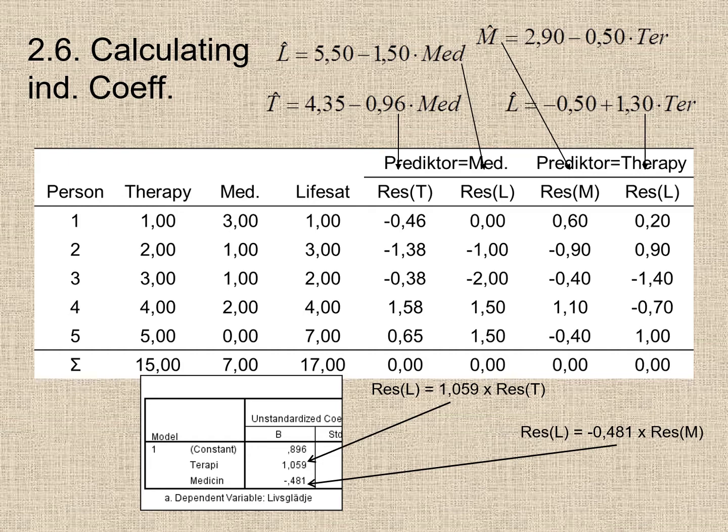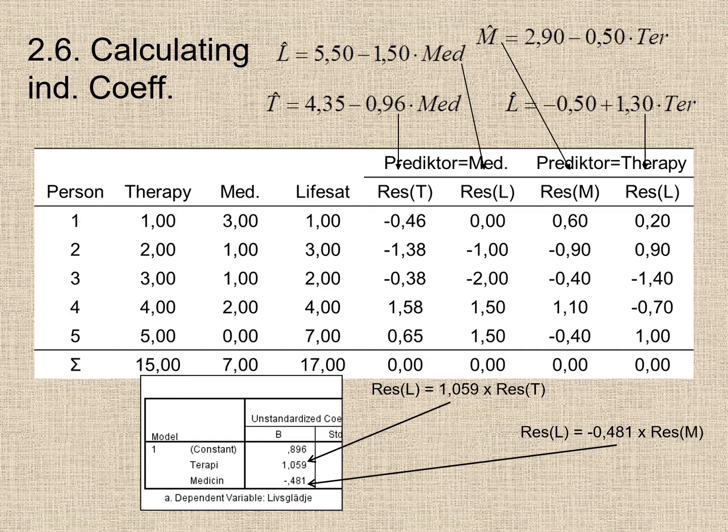So we can predict for each individual, and then we take their observed life satisfaction minus the predicted life satisfaction. We say the residuals here. What do those values stand for? They stand for the level of life satisfaction that cannot be explained by amount of medicine.